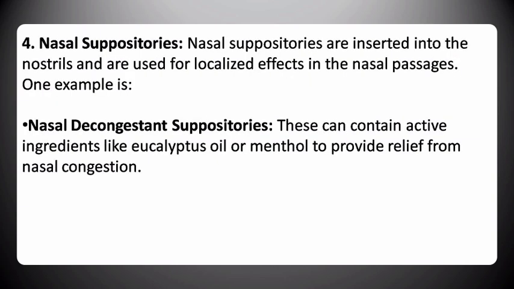Fourth, nasal suppositories. Nasal suppositories are inserted into the nostrils and are used for localized effects in the nasal passages. One example is nasal decongestant suppositories. These can contain active ingredients like eucalyptus oil or menthol to provide relief from nasal congestion.